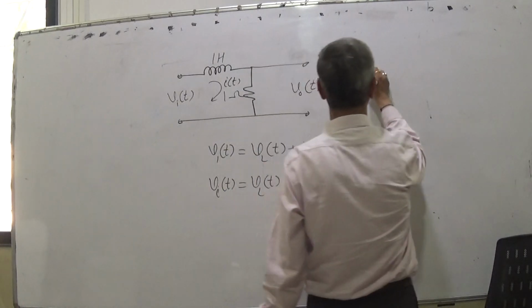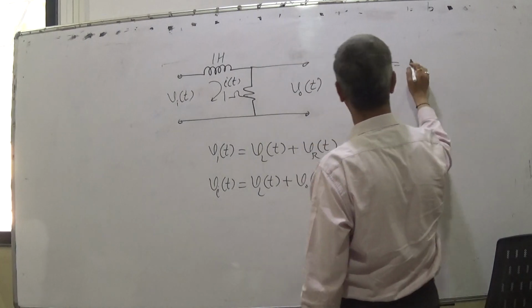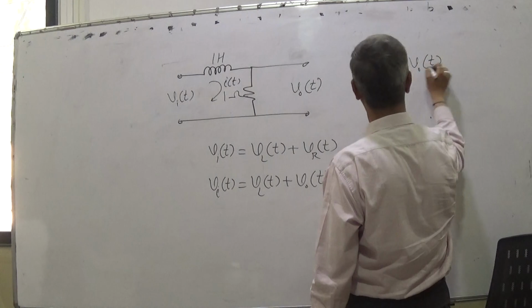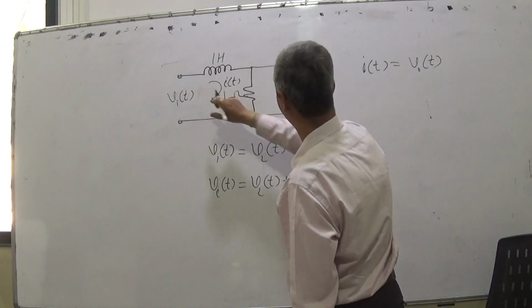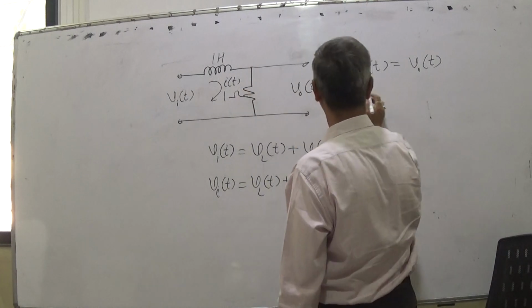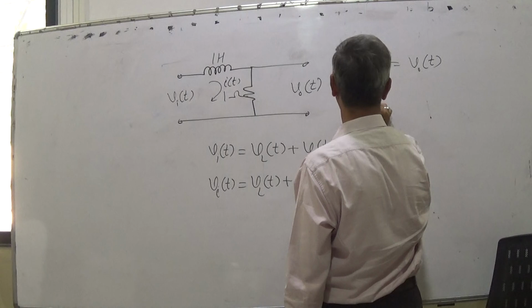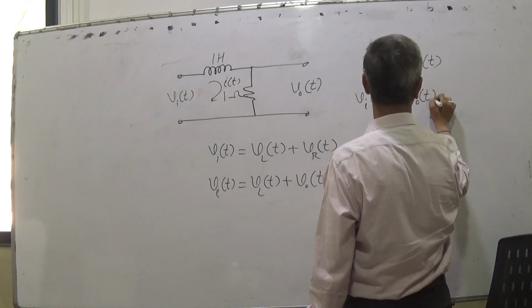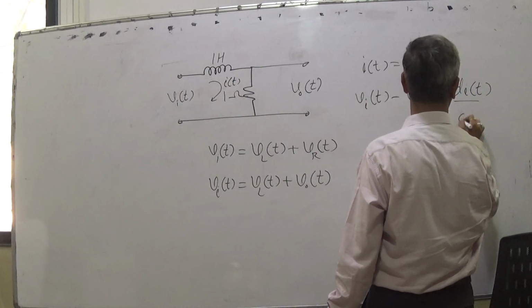What is i(t)? i(t) is equal to vo(t), because the value is 1. And for this, what is the scenario? This voltage vin(t) minus vo(t) is equal to di(t) upon dt, right?